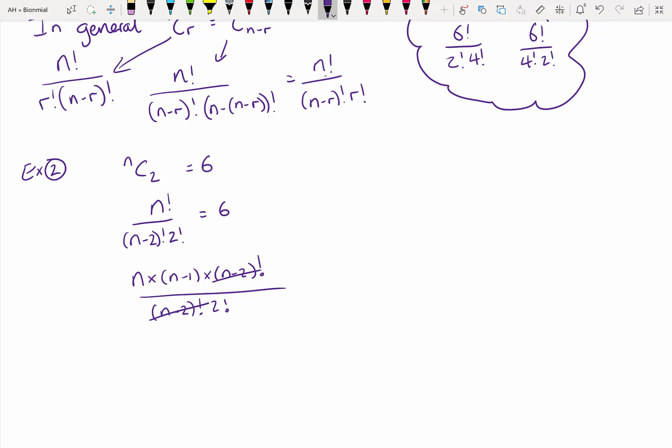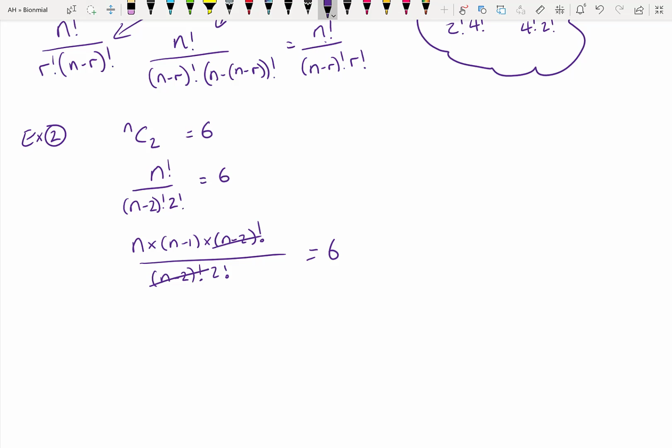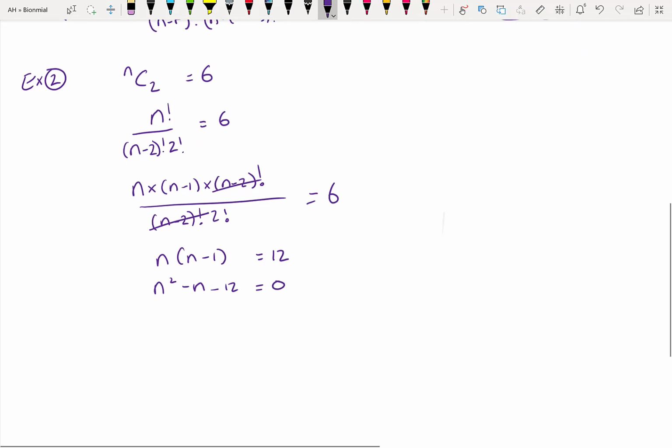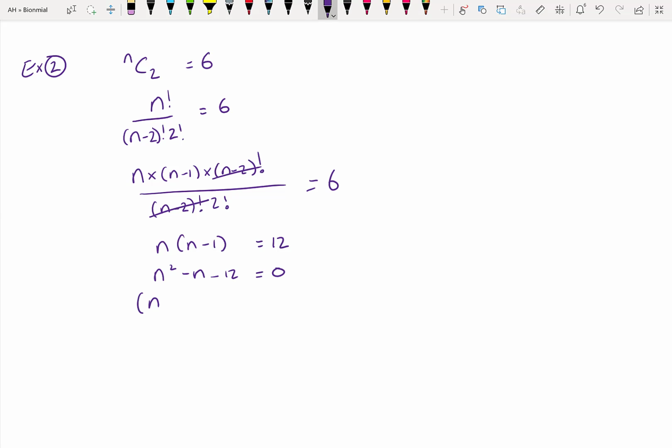So my n minus 2 factorials can cancel out. All of that is still equal to 6. 2 factorial is just 2, so when I take that over, I have n lots of n minus 1 equals 12. Bring it together onto one side, multiply it out, gives me n squared minus n minus 12 equals 0. Factorise it, we get n minus 4, n plus 3 equals 0.